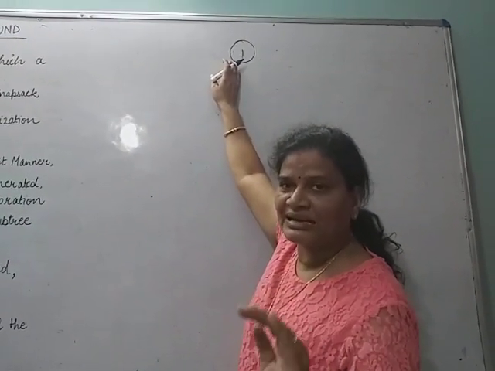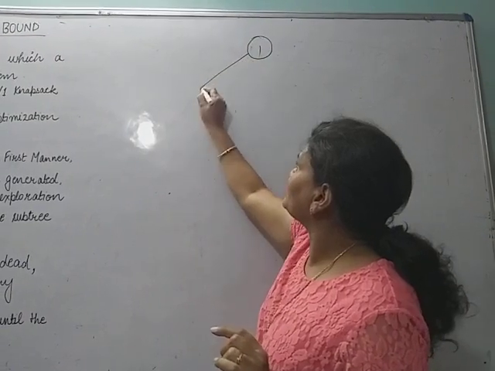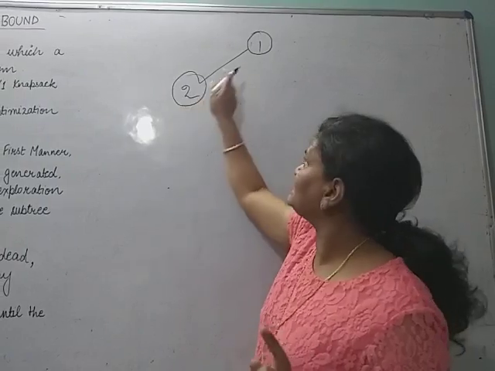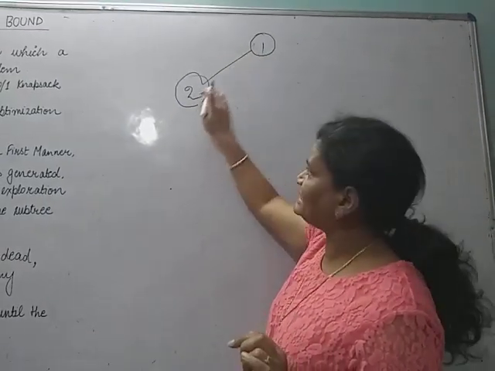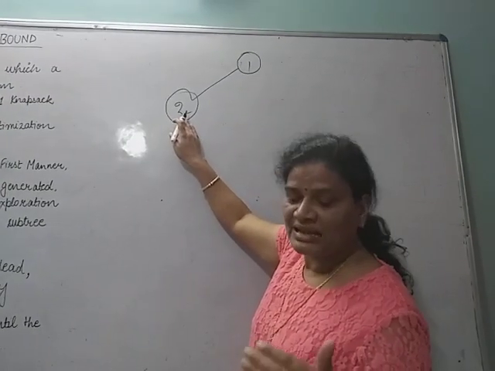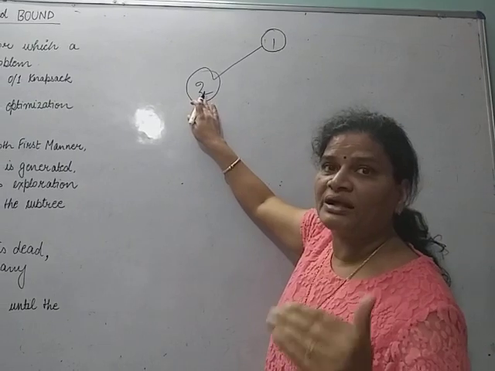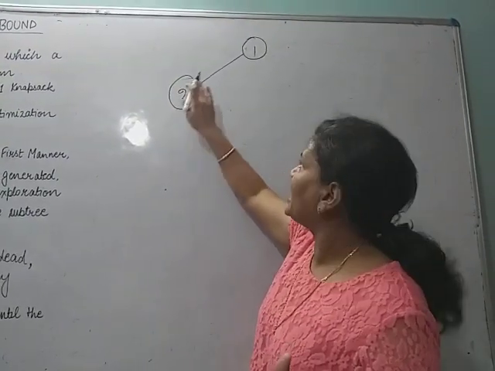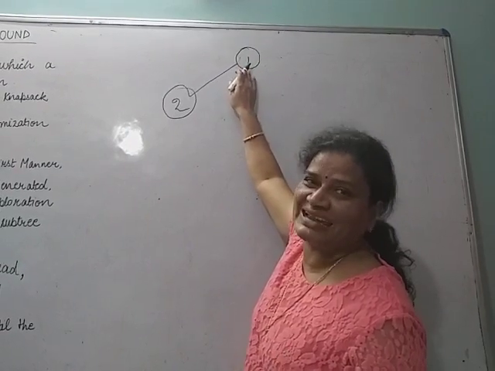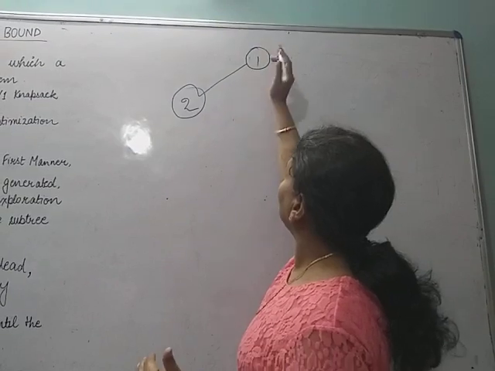Next, in backtracking, this live node will become the next E node, and exploration of the earlier E node is delayed.